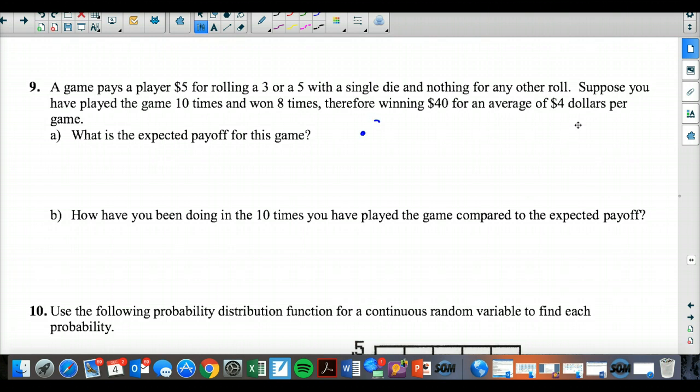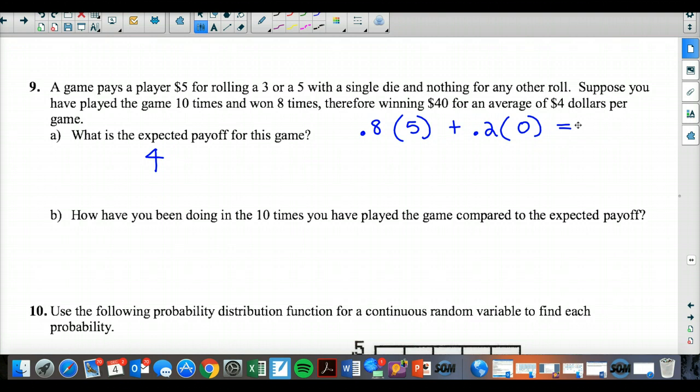So you have a 0.8 chance of winning how much money? 5. And you have a 0.2 chance of winning 0. And your expected is $4.